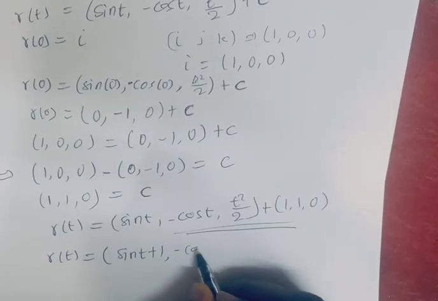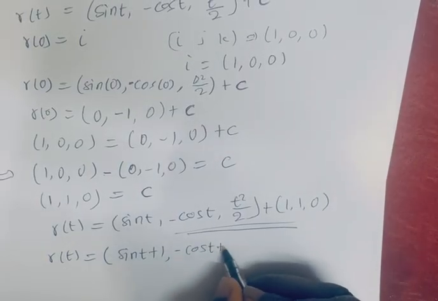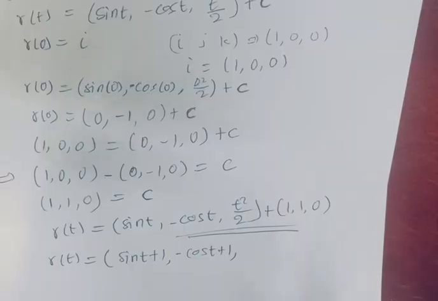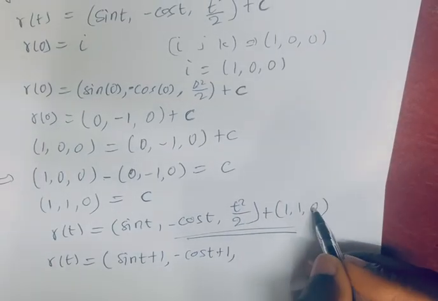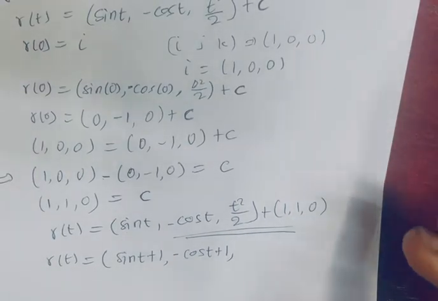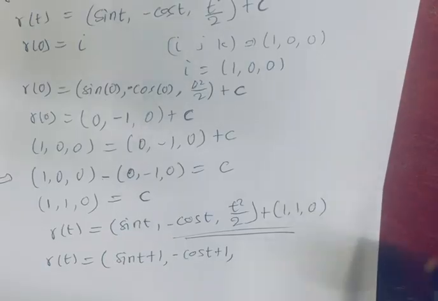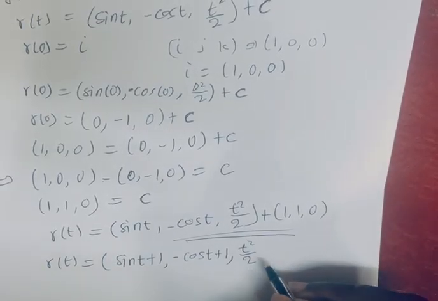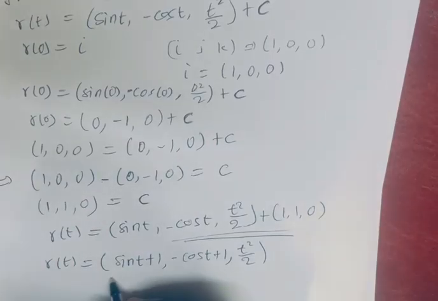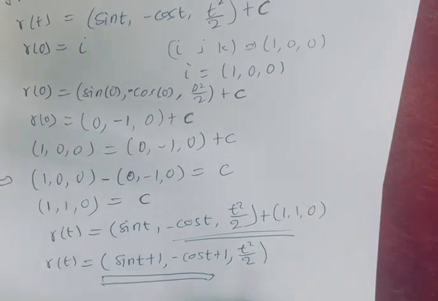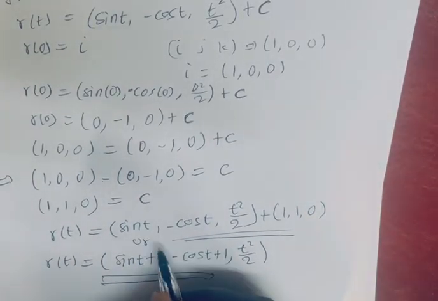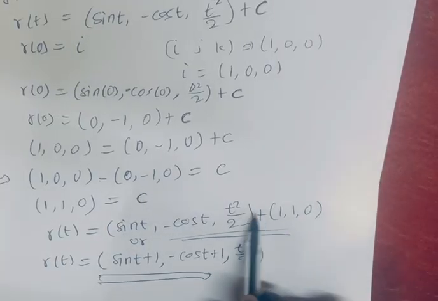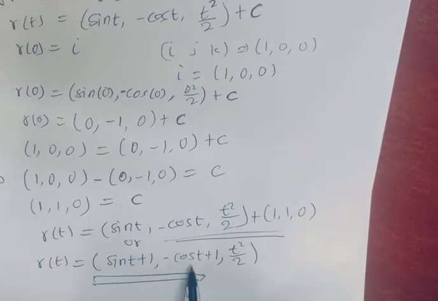We have minus cos t plus 1. Then this one too, we add a 0 to it, and whenever you add a 0 to a value, we still get the same value. So this will be t squared over 2. So these are the final two answers. You either present this as your final answer or this.